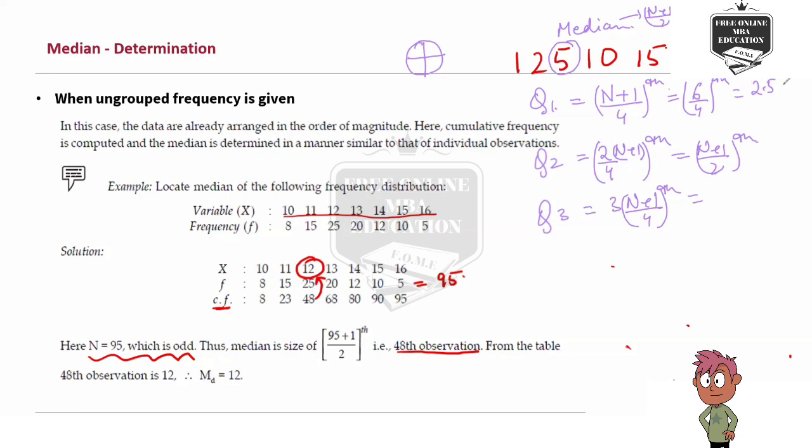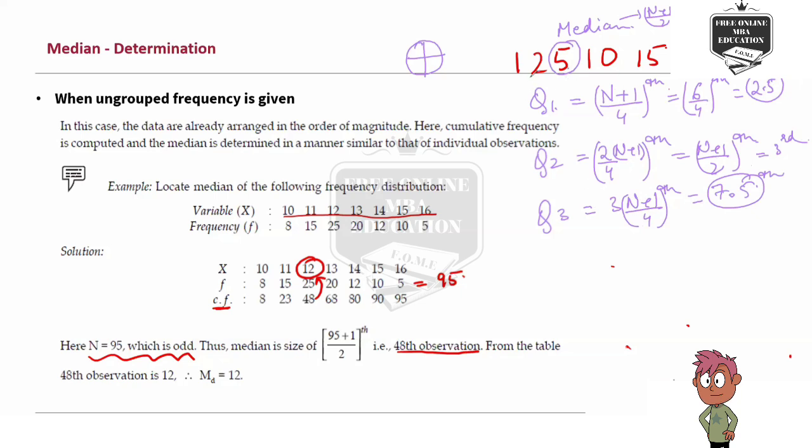That means we can say that it is in between 2 and 5. And this was coming out to be the third item. This was 2.5, and this was 7.5th item.